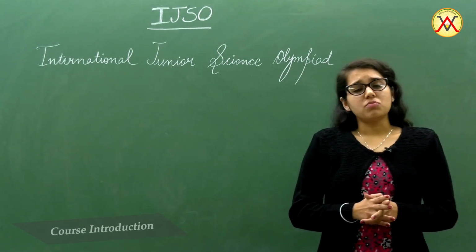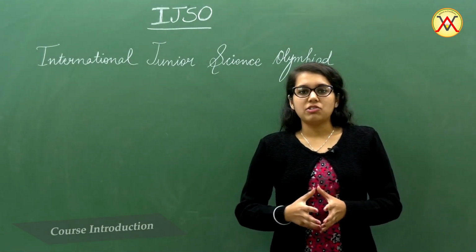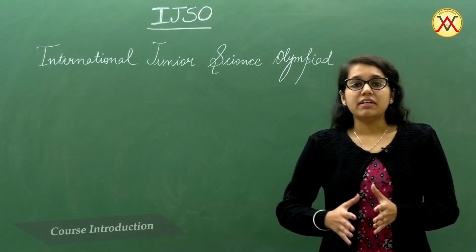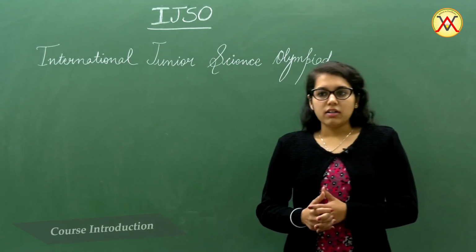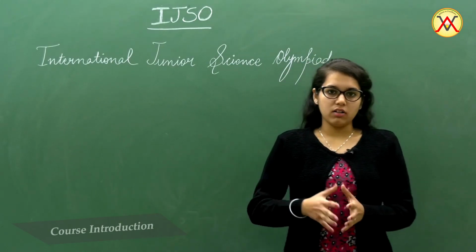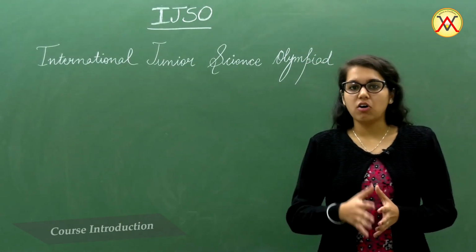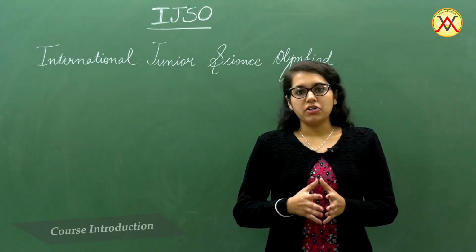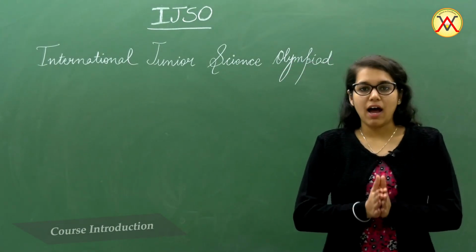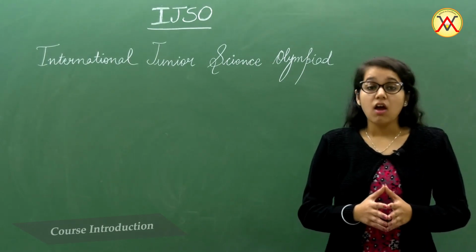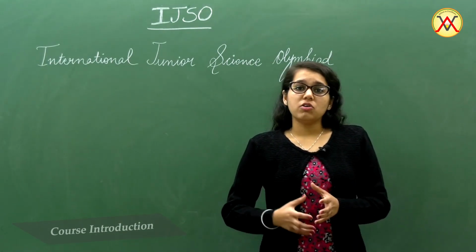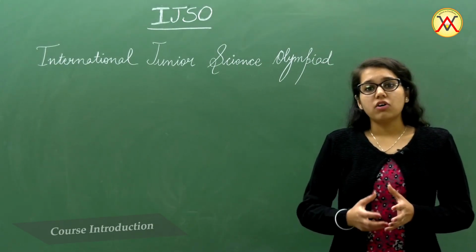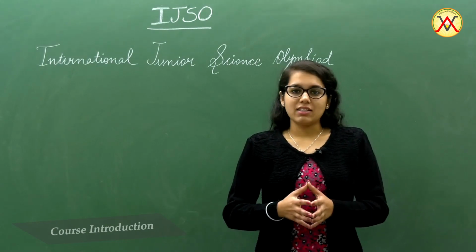And what are the aims and objectives of IJSO? Why are they conducting this exam for 9th and 10th level students, and that too at an international level? The conducting body says that they want to inculcate an experimentation habit in the students of 9th and 10th, and develop theoretical and experimental analysis for school level students.